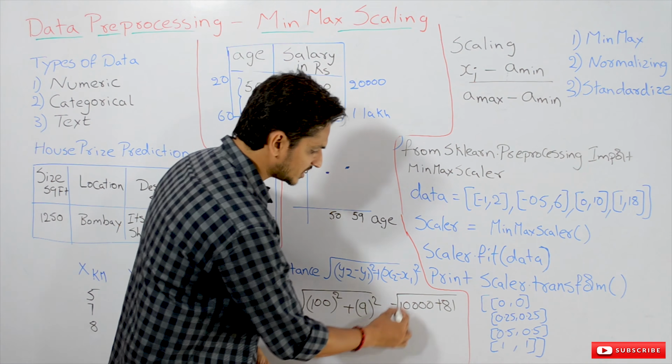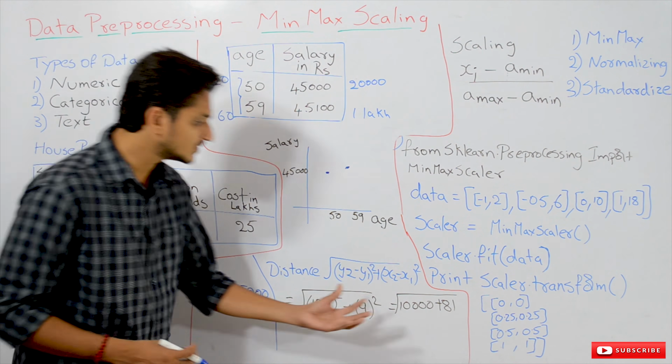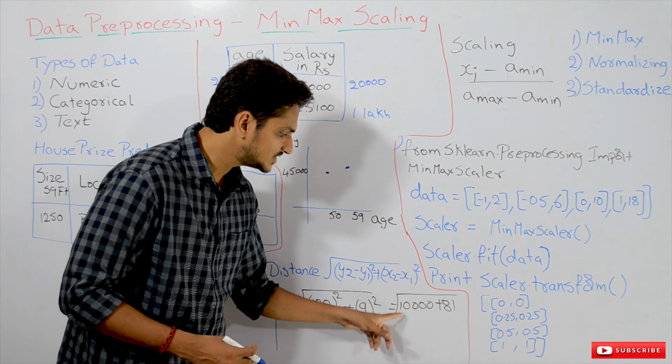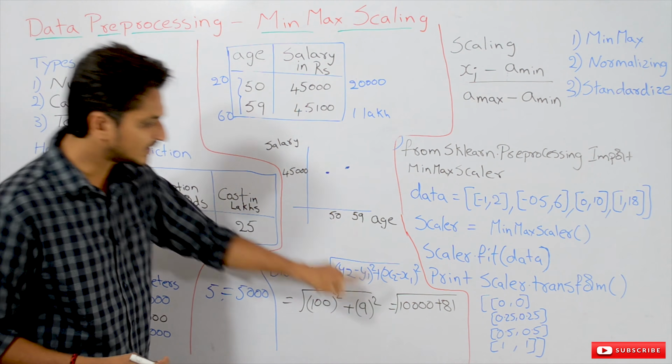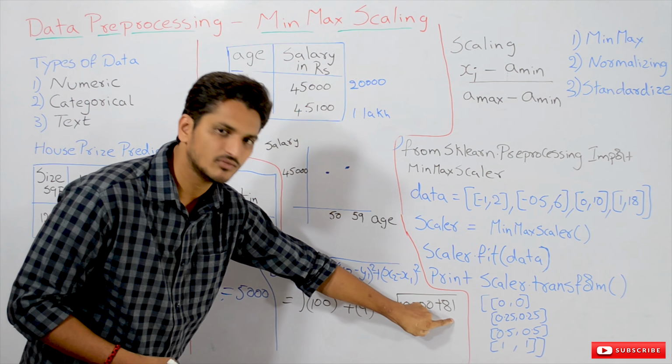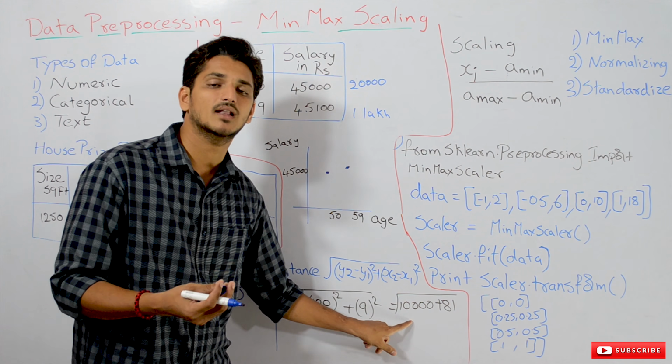So what is the distance? 10,000 plus 81. Observe here, the distance is affected by sal, because the distance value is getting affected by sal. Why?